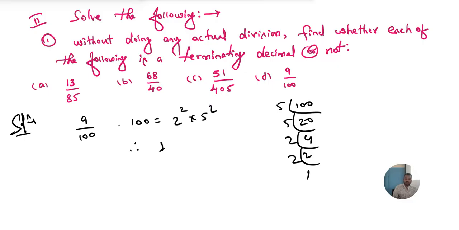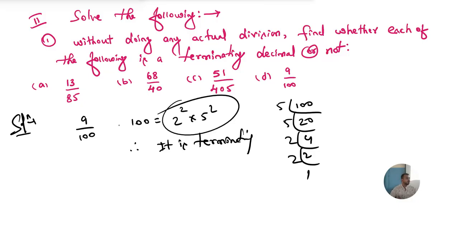Therefore it is terminating decimal, because the denominator is in the form of 2 power m into 5 power n. Any doubts? Just for the denominator you should take the LCM. Check whether you are getting the 2 power and 5 power form or not. Any doubts? Now can you tell me the next?